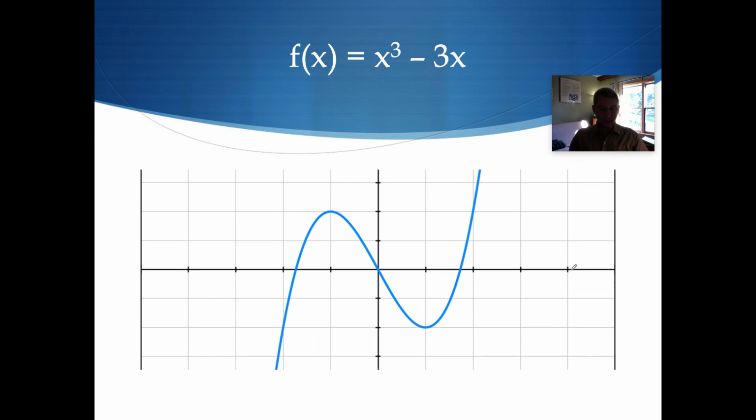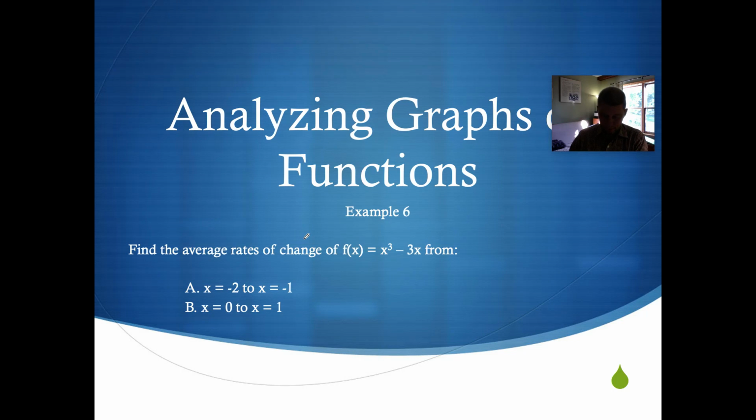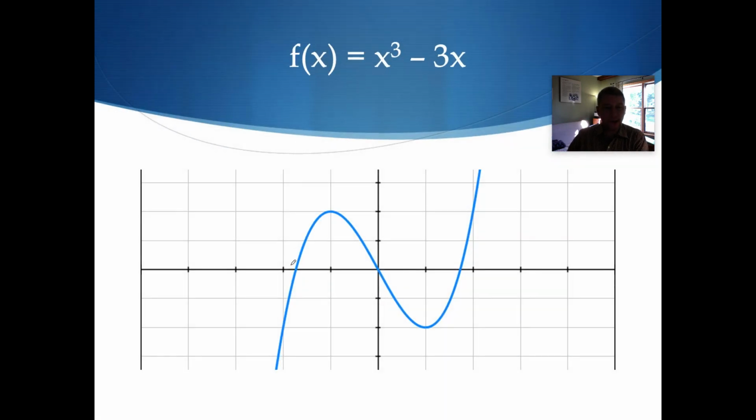So this is the graph of f of x equals x cubed minus 3x. You're asked to go from x is negative 2, which is this point here, to x is negative 1, which is here. So we're going to go from here to here. I'm going to try to draw this freehand, but essentially it's a line that looks like this, almost.